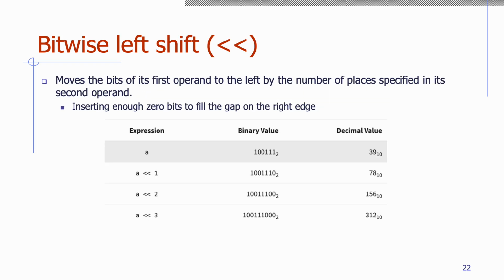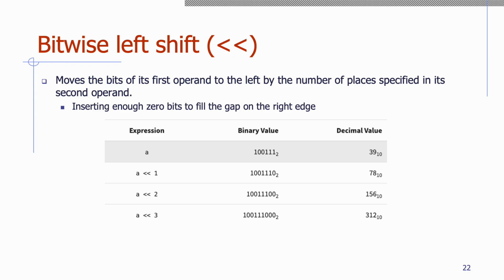Here is an example for bitwise left shift. Bitwise left shift moves the bits of its first operand to the left by the number of places specified in its second operand. So it takes care of inserting enough 0 bits to fill the gap that arises on the right edge of the new bit pattern.